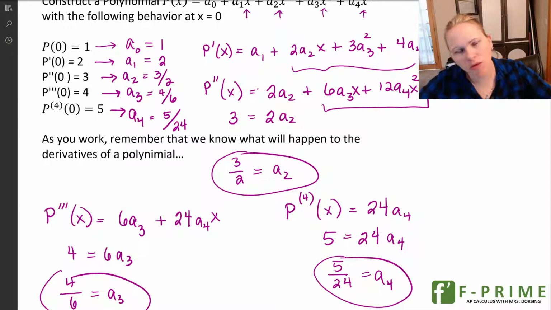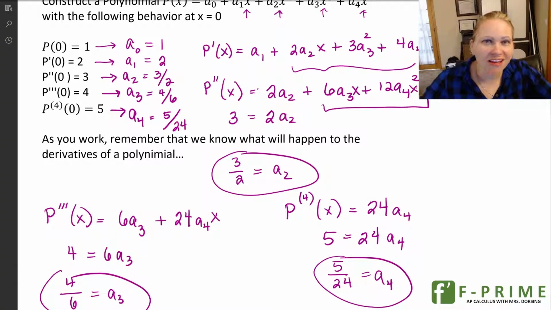And think about where that constant came from. As we multiplied and took each successive derivative, we kept multiplying by the exponent. So we'd multiply by a 3, and then a 2, and then a 1. That x to the fourth we multiplied by a 4, and then a 3, and then a 2, and then a 1.